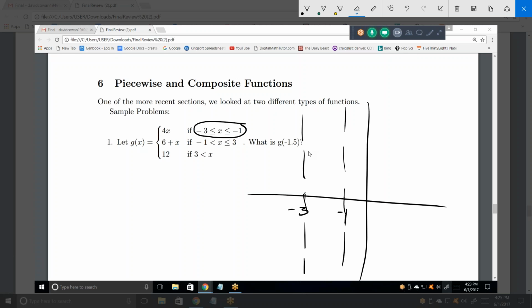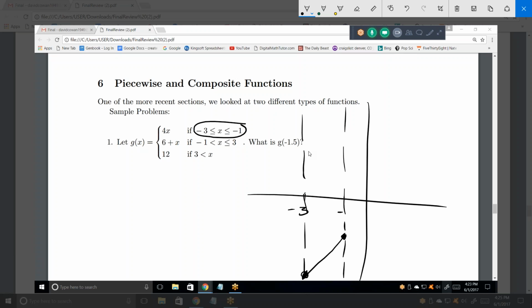Well, 4x would be something like this. I can get it so that it doesn't erase. Okay. 4x would maybe look like that. The closed dot there and a closed dot there. So I've handled that zone.